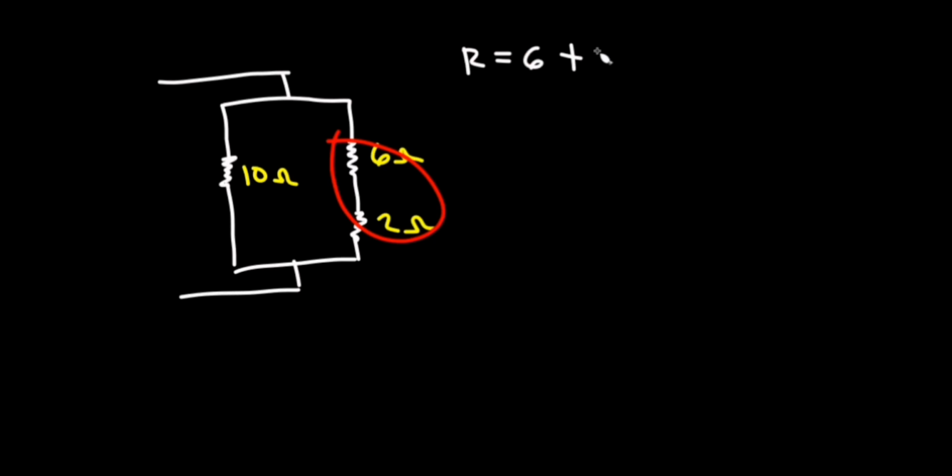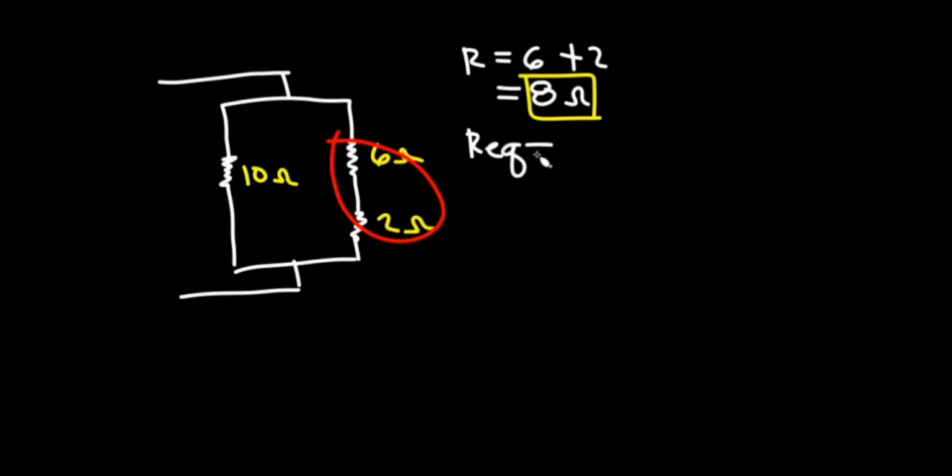Next is a 10 ohm resistor in parallel with 2 series connected resistors, 6 ohms and 2 ohms. In this case, we are going to simplify first the series resistors. So simply add 6 plus 2, which is equivalent to 8 ohms.